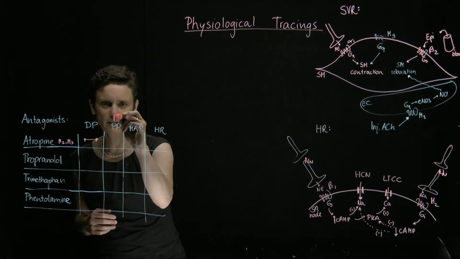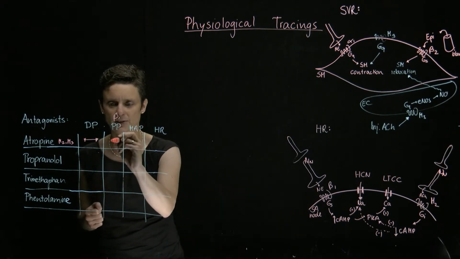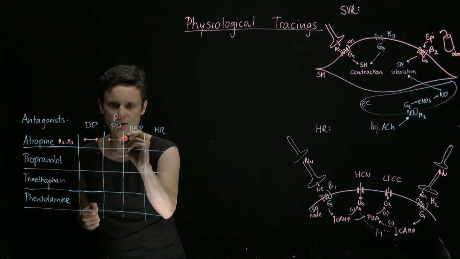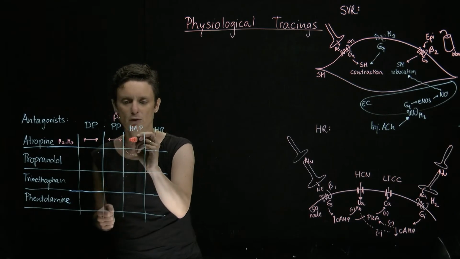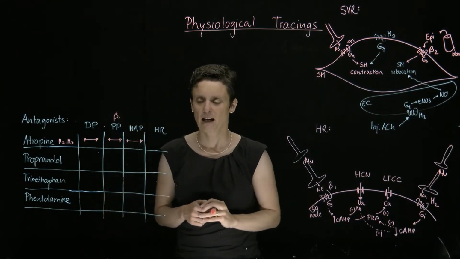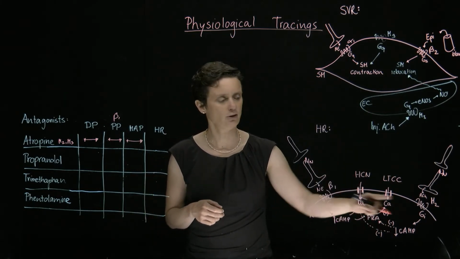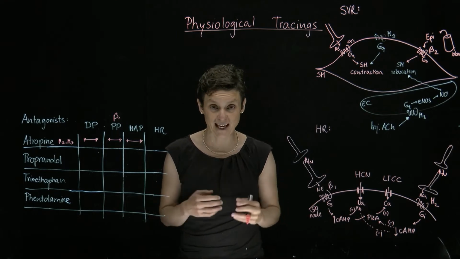We said for pulse pressure, we're going to only look at the effect of drugs on beta-1 on ventricular myocytes. So this drug is not affecting beta-1 and therefore no effect, and also no effect on mean arterial pressure. Now what's going to happen to heart rate? Here things look a little bit different. On the SA node we have our M2 receptor, but there is innervation.